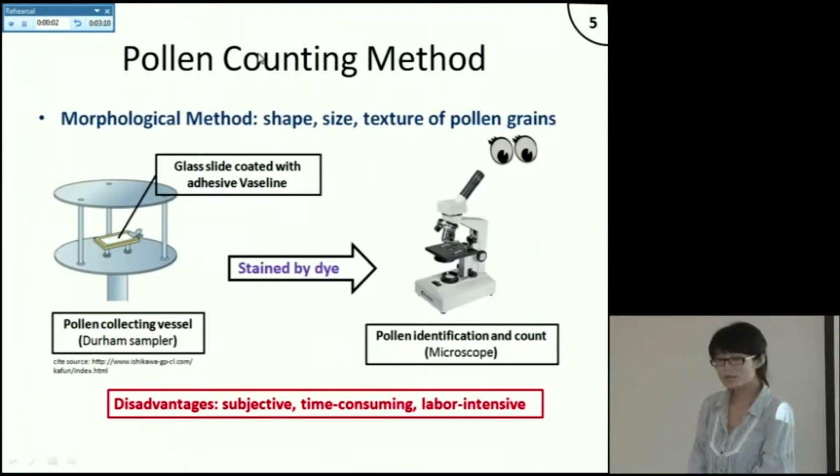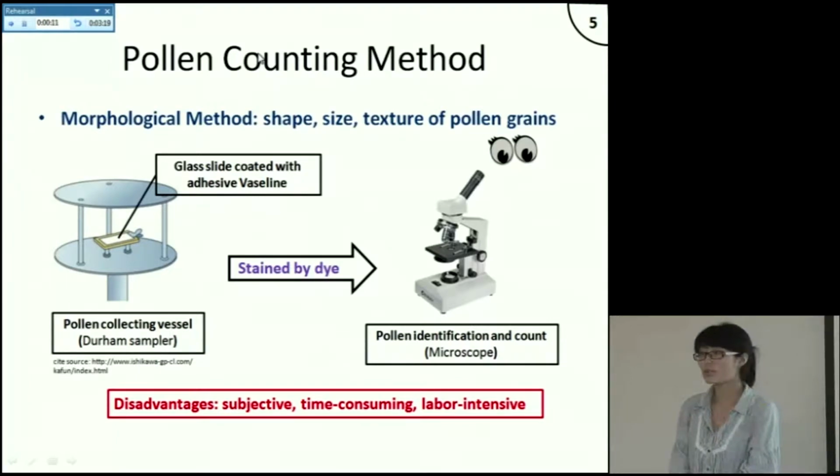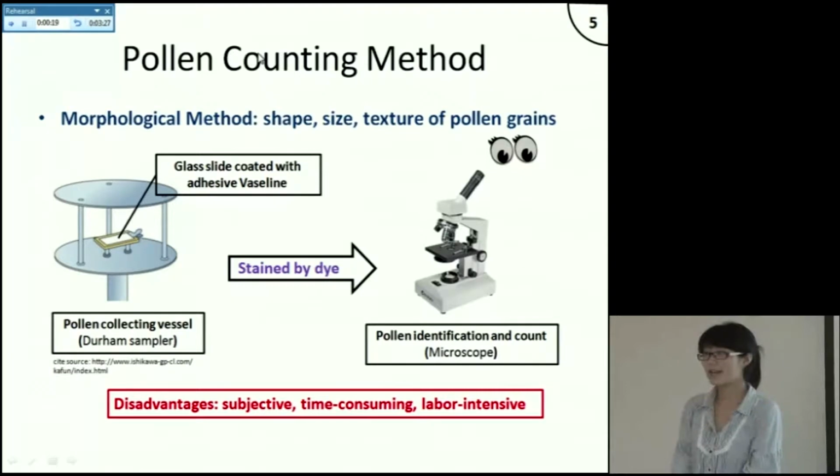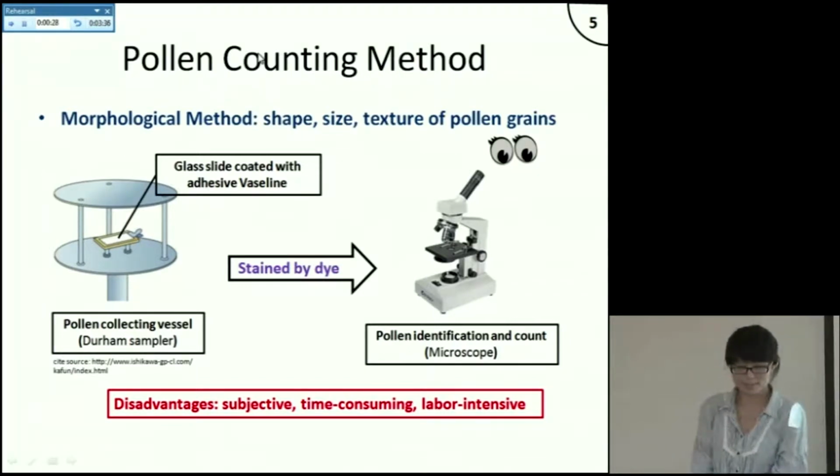Until now, the most widely used pollen counting method is based on morphological characteristics of pollen grains. Researchers need to distinguish target pollen species and count them under a microscope. Pollen samples are usually collected by a Durham sampler, on which a glass slide coated with adhesive Vaseline is fixed.